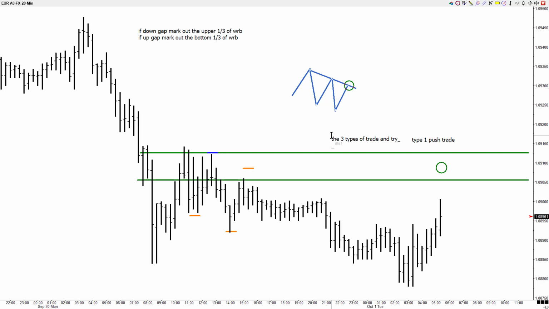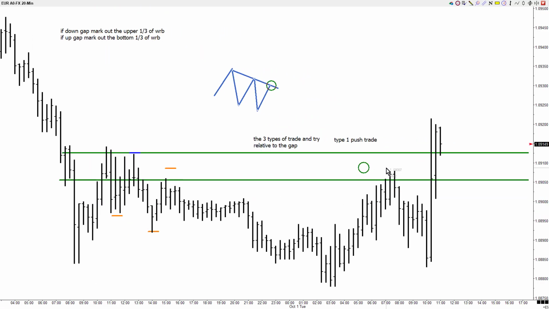And it's very important when you apply these 3 types, what you relate it to. It's relative to the gap. It could be relative to swings. Okay.